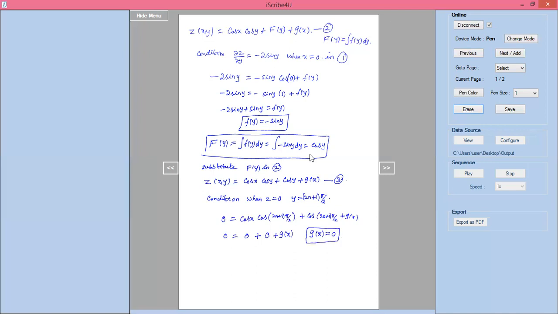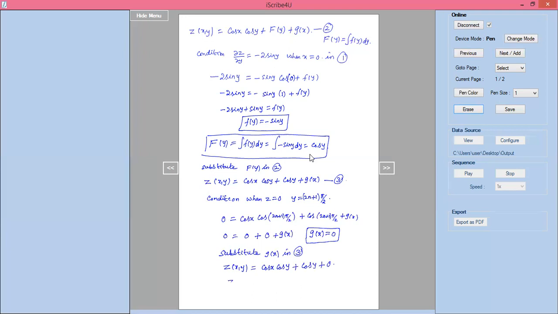Now substitute the g of x value in equation 3. We'll substitute in equation 3: z of x comma y equal to cos x into cos y plus cos y plus g of x, which is nothing but 0.